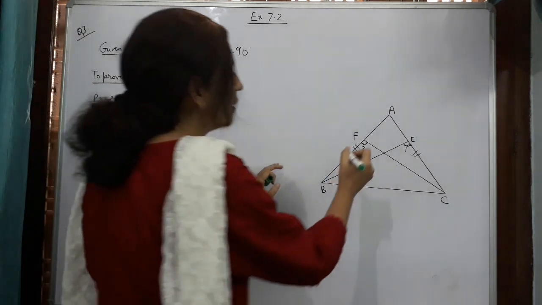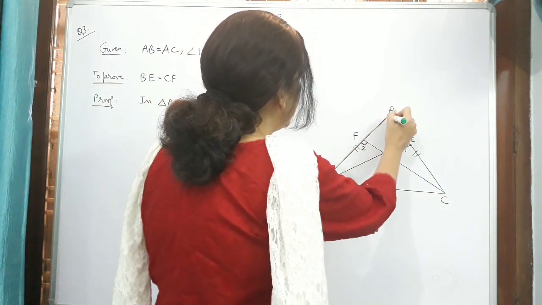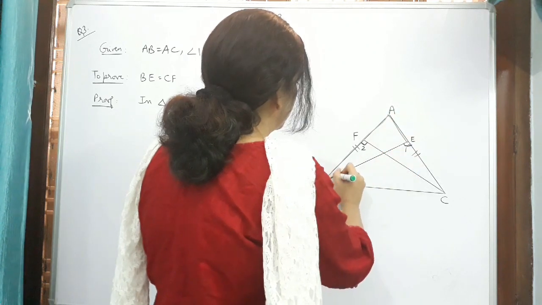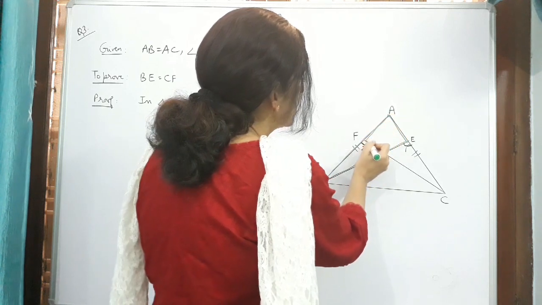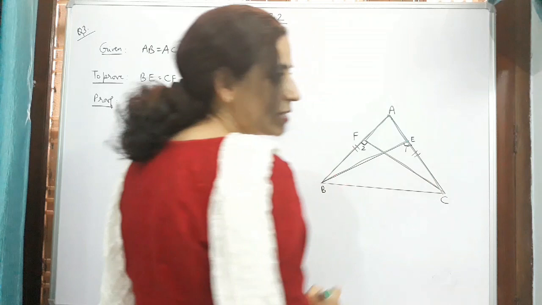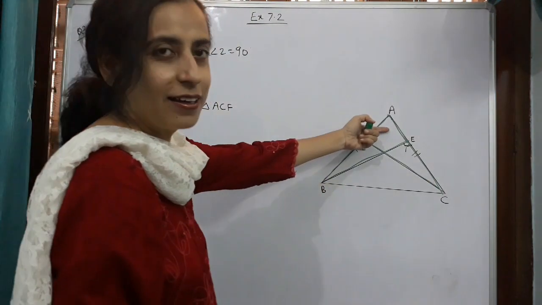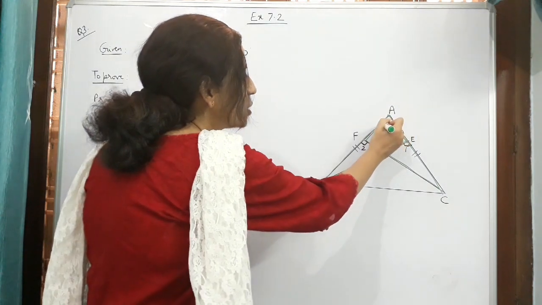We take triangle ABE, and we take triangle ACF. These are the two triangles we take. Do you see any common angle in these two triangles? Yes, angle A is the common angle.